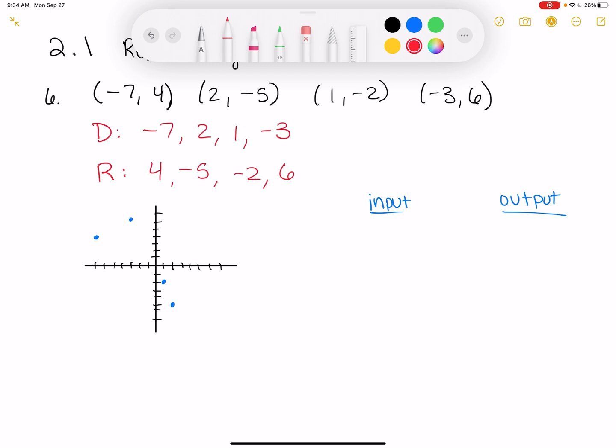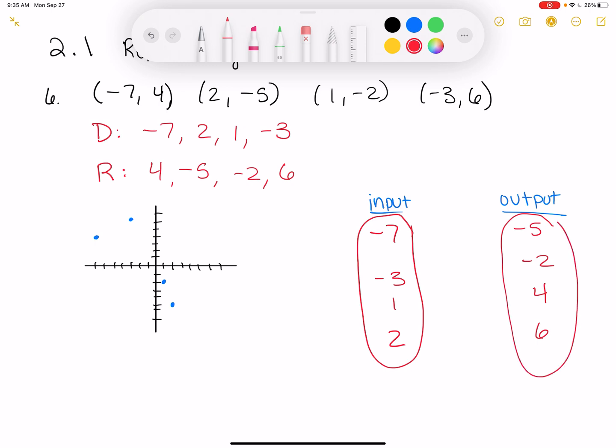The other thing is write the numbers in order, smallest to largest as you go down. Don't write any repeats. So -7, -3, 1, 2, and circle them or oval them or something. And then your output values -5, -2, 4, 6. Do the same with them.